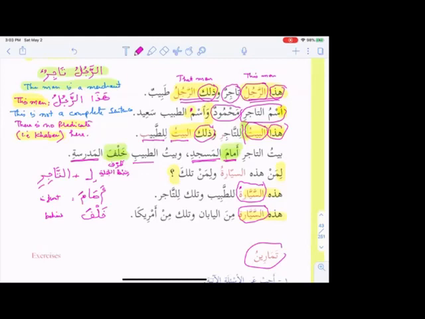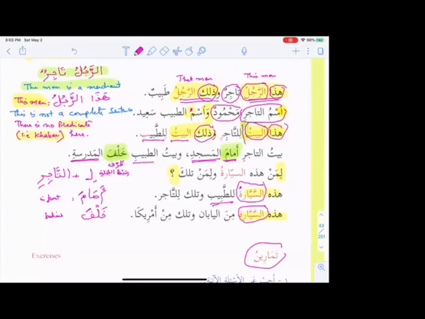So this is hazihi mubtada, this is the badal, and this is your news. Lit tabibi, belongs to the doctor. Wa tilka, and that belongs to the merchant. So tilka is mubtada, jar majrur, shibu jumla, khabar.